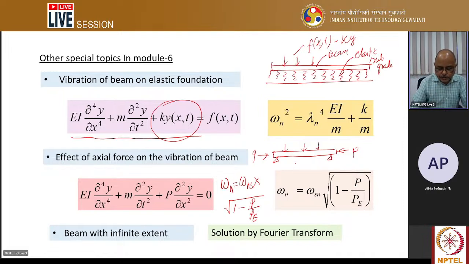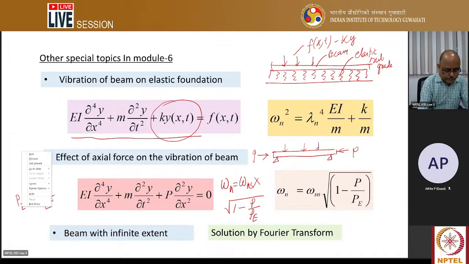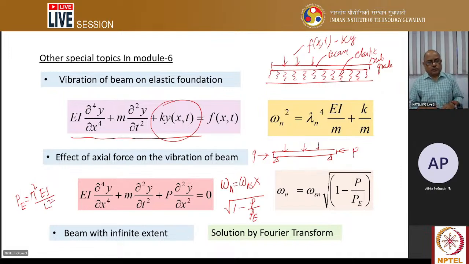Now for a simply supported beam, the Euler buckling load is pi square EI by L square. So this P by PE is the ratio to the Euler buckling load.